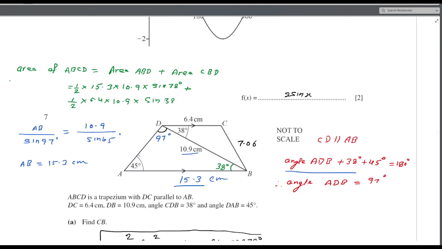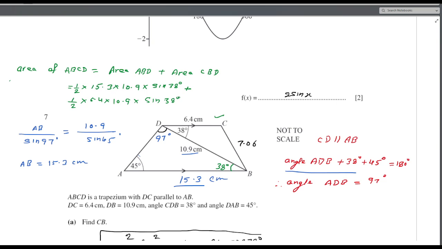Now see, this CD line and this AB line are parallel, so these are alternate angles. So either I use the sum of areas of ADB, or I use that alternate angle concept.